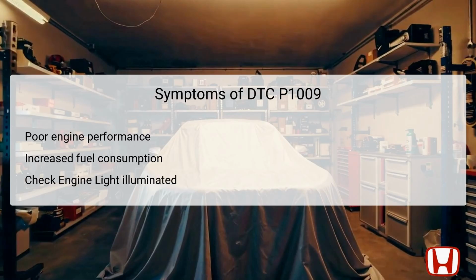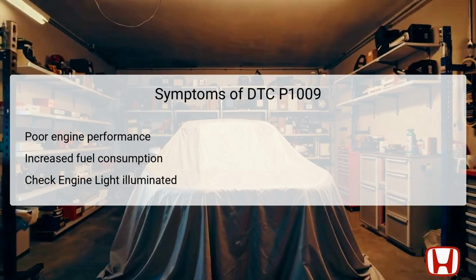The symptoms associated with DTC P1009 can significantly affect the performance of your Honda Civic. One of the most noticeable symptoms is poor engine performance, which may manifest as hesitation during acceleration or stalling.